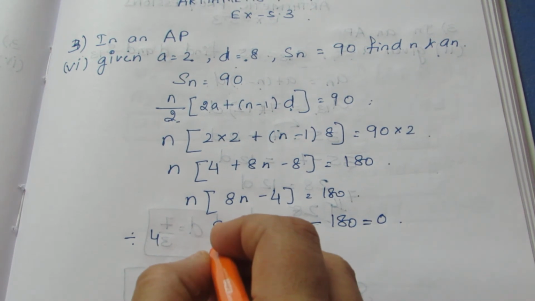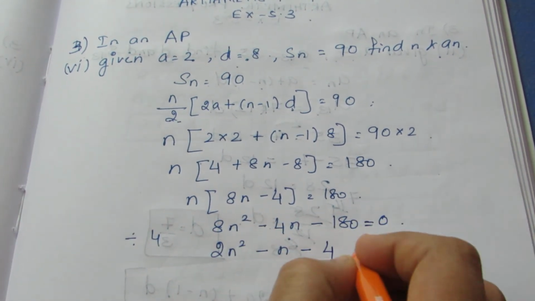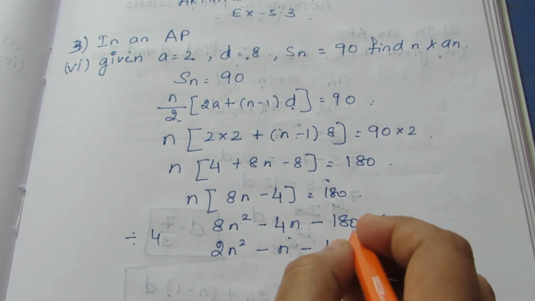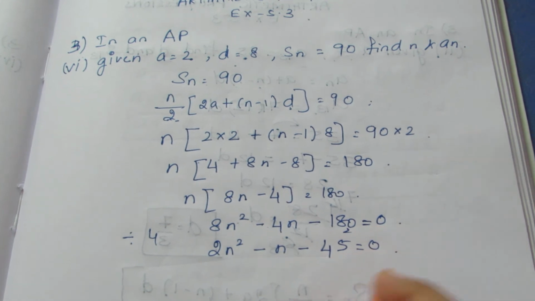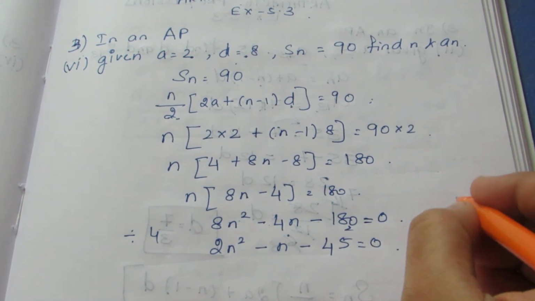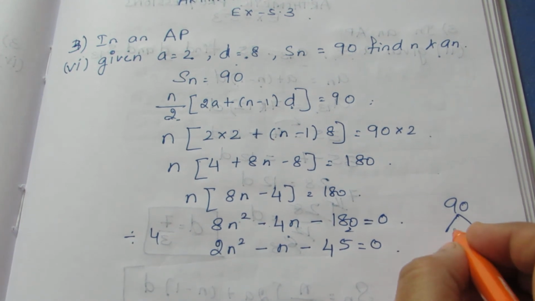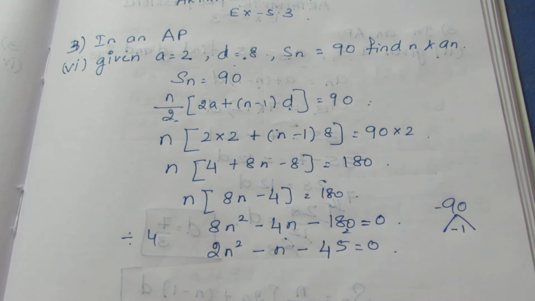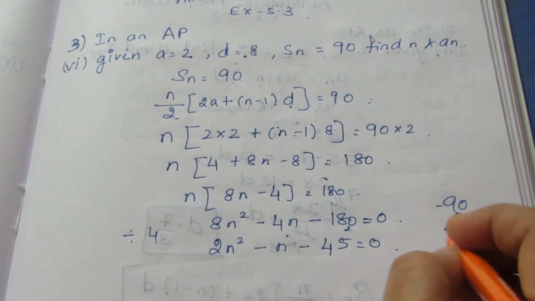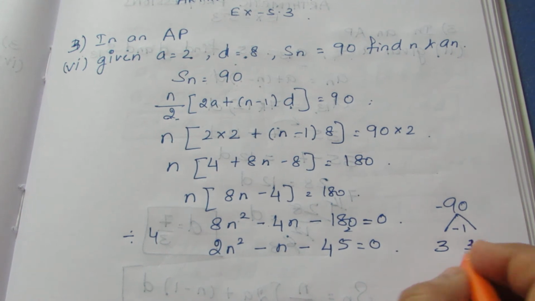If I divide it with 4, it becomes 2n square minus n minus 45. 4 4s are 16, 4 5s are 20. Now multiply this to 90. If I want to solve, I need to get minus 1. So minus 90. By solving, we need to get minus 1, means 3 30s are 90.